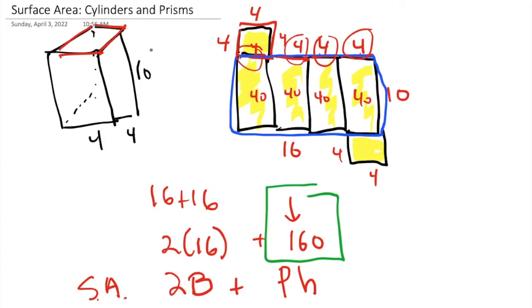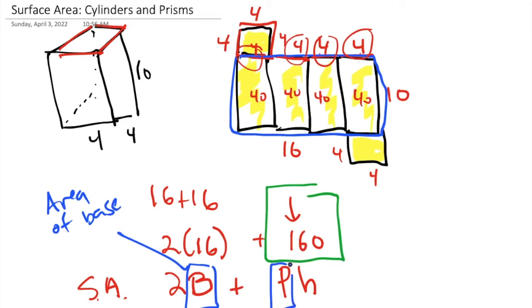We're going to get 2 times the capital B, which stands for the area of the base, the shape of the base. And then the perimeter of the base is what capital P stands for, times the height of the shape, of the original shape.